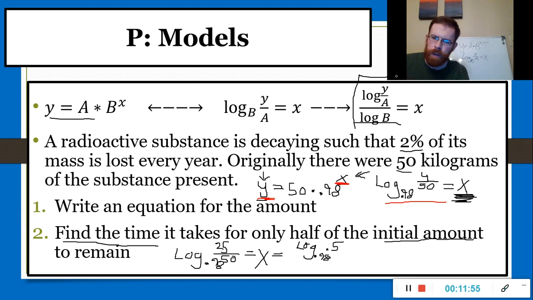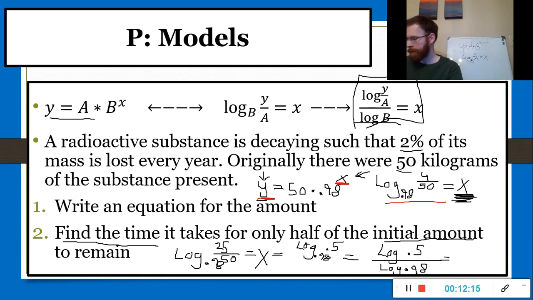Now, we just use that equation. Log of 0.5 divided by log of 0.98. Well, what I have written down here is that that's equivalent to about 34.31 years.